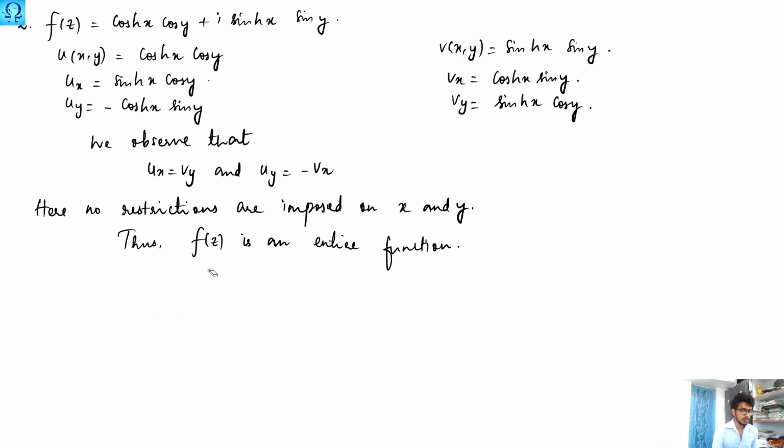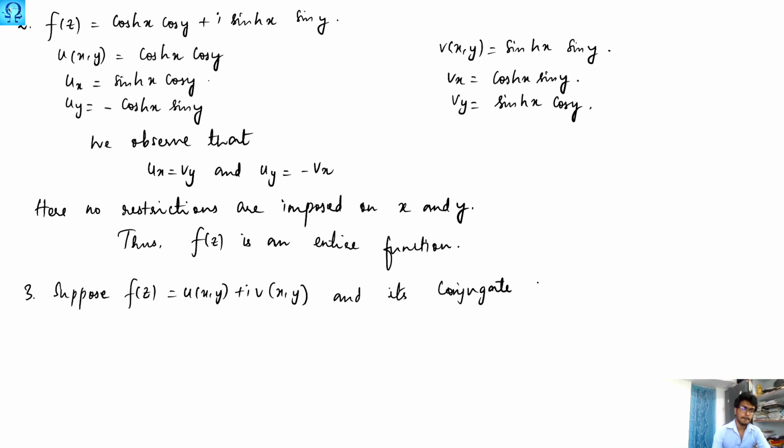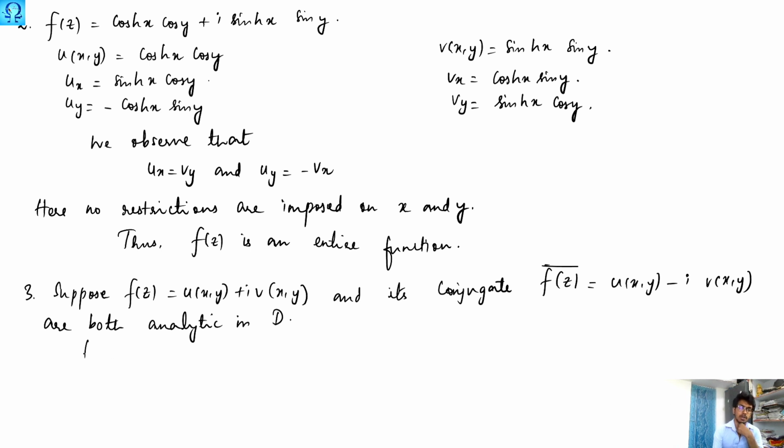Right? So the next problem, suppose f of z, that is u of xy plus iota times v of xy, and its conjugate, f of z whole bar, that is u of xy minus iota times v of xy, are both analytic in D. By analyticity of f of z, if the function is analytic, it means the function is differentiable.